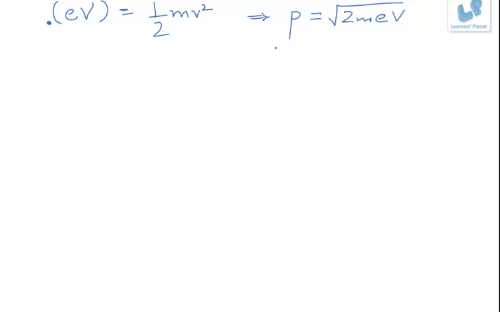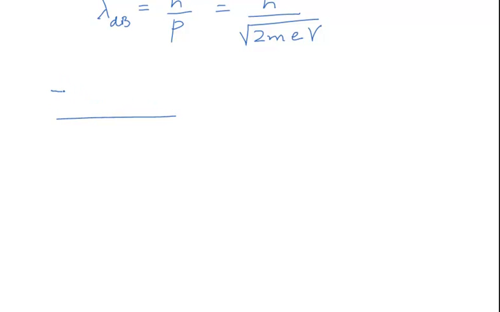Okay, now the de Broglie wavelength of the electron having this much of energy or this much of momentum will be given by h by p, which can be written as h by under root of 2meV, where V is the potential difference.